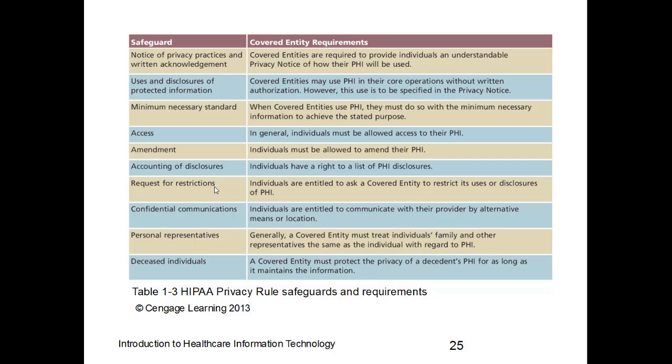You can have a request for restrictions. The individual is entitled to ask the covered entity or the healthcare provider to restrict who has access to their information. Now, this is why when you go to a healthcare provider, you may be asked to list the people who are able to receive information about you and your health. So this table is a good list of the safeguards that are used and the requirements that the covered entities must follow in regards to HIPAA.